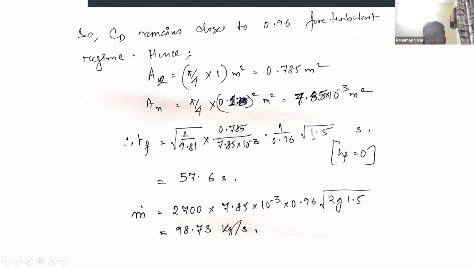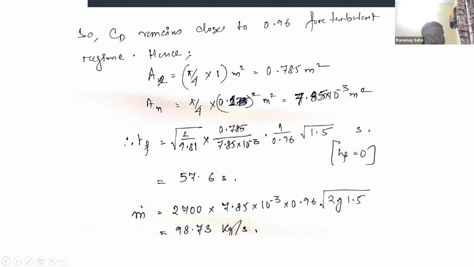This has three variables actually. Height is 1.5. Because the entire mold becomes empty at some point of time, we take the final height as 0. The final molten metal height in the mold is 0. The initial height was 1.5, and CD is 0.96. This is the ladle area, which we find from here.